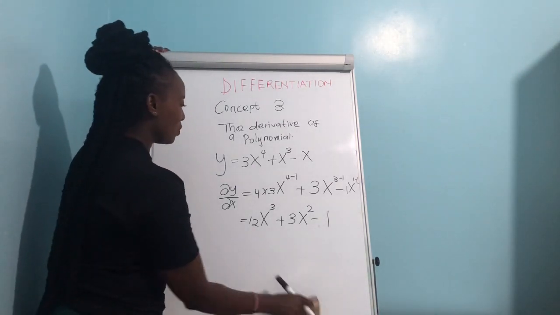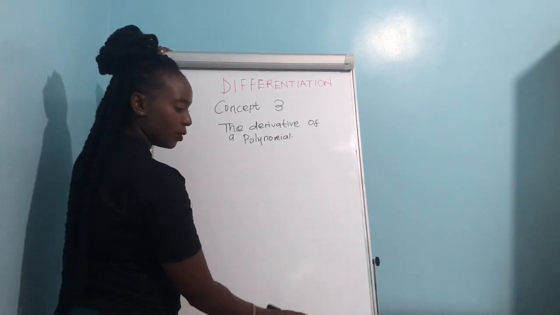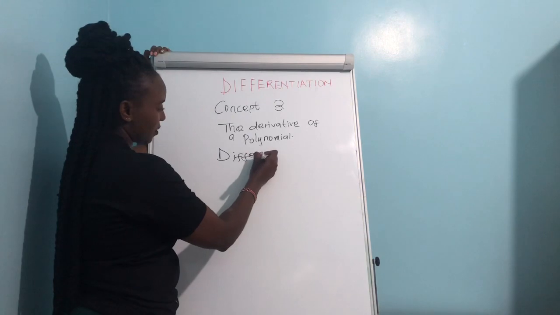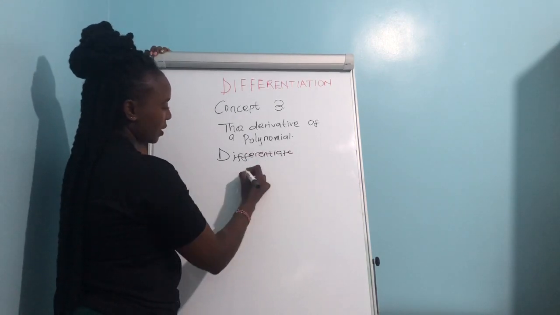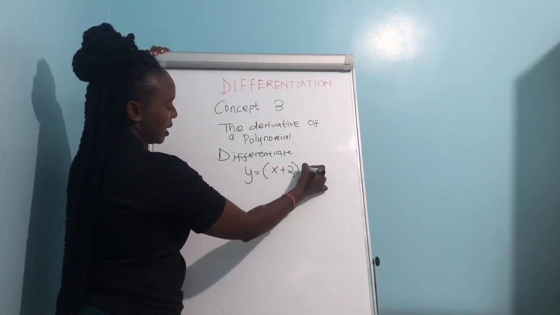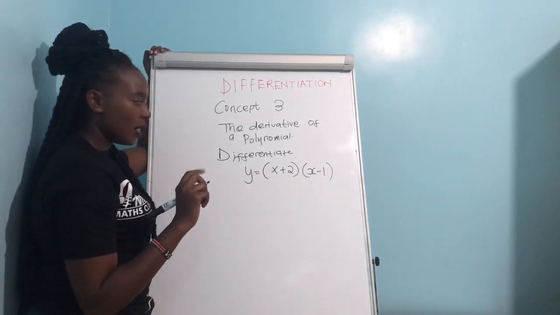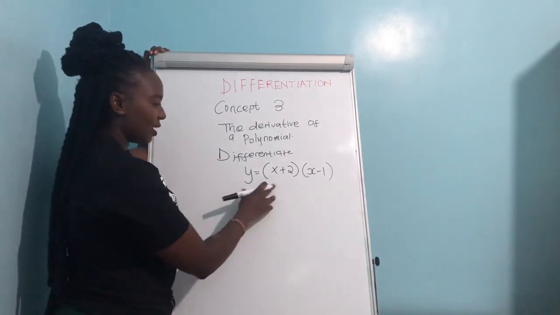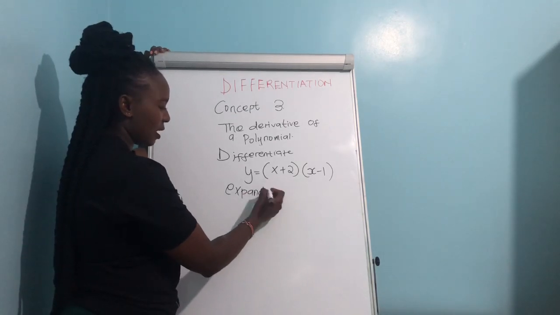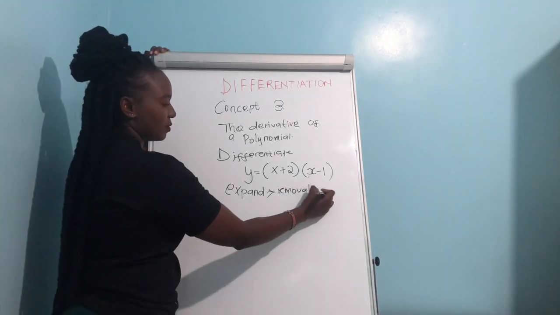So let's look at another example. You've been asked to differentiate y is equal to (x + 2)(x - 1). The first step that you need to do, remember in such a case you need to expand it, and in expansion what you do is the removal of brackets.